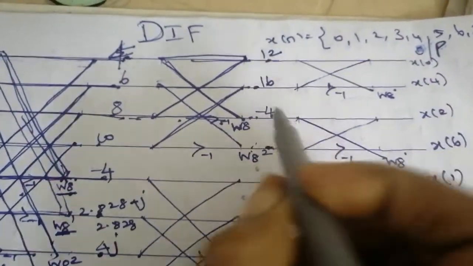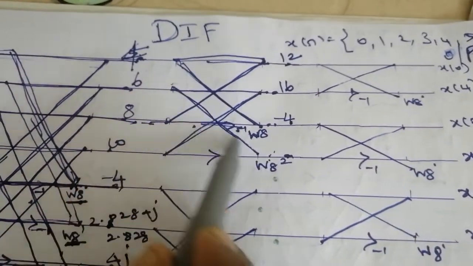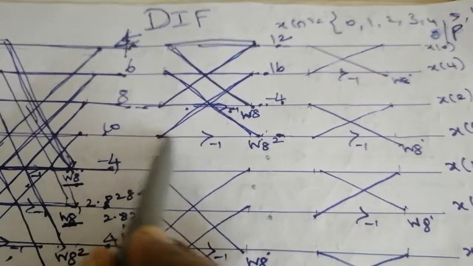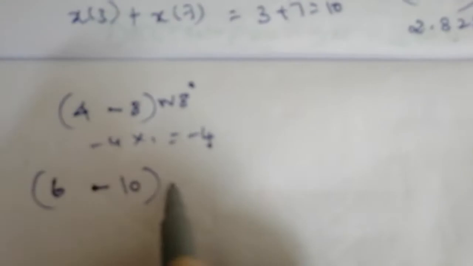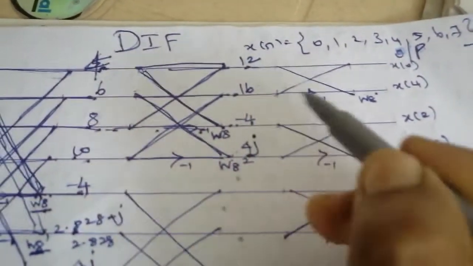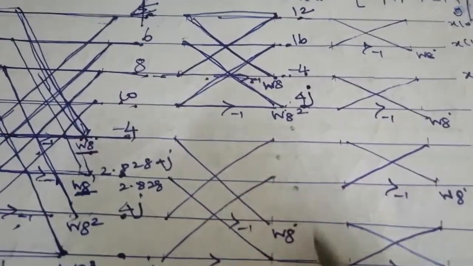And this line is 6 value added with 10, but the 10th line is multiplied with minus 1. So we are using the minus symbol into W8 power 2, which is nothing but minus 4 into minus j, equal to plus 4j. Right? So the answer is plus 4j. Likewise we are finding these 4 lines.